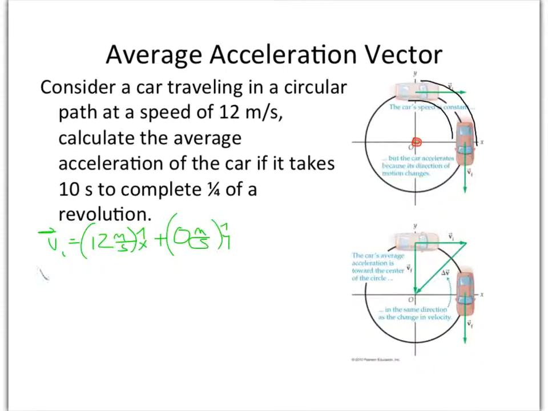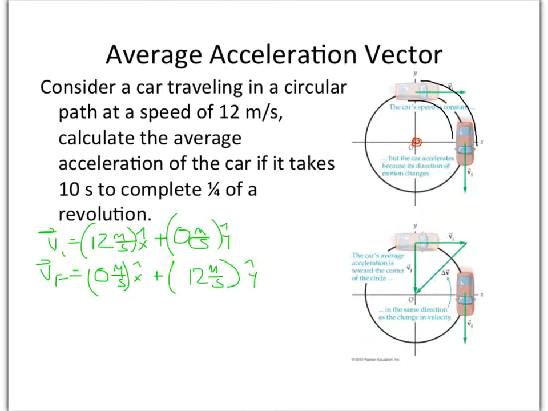Final velocity, v final of the car, is going to be 0 meters per second in the x direction, right? Because it's moving entirely in the vertical, or in the y-axis right here. But it is moving. Remember, that plus sign is just sort of an and. It's like saying this x component and this y component right here: 12 meters per second in the y direction.